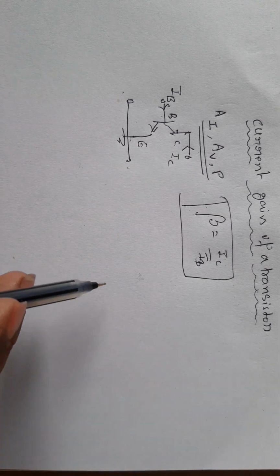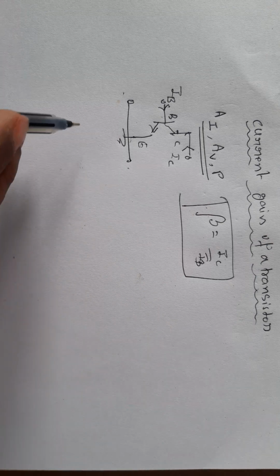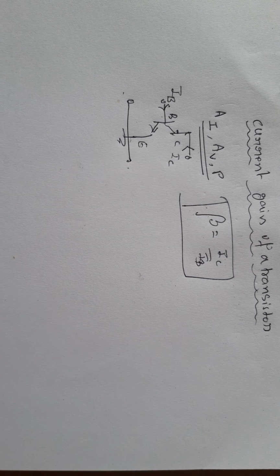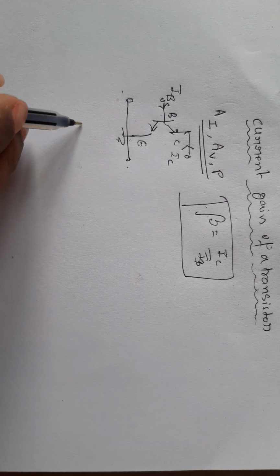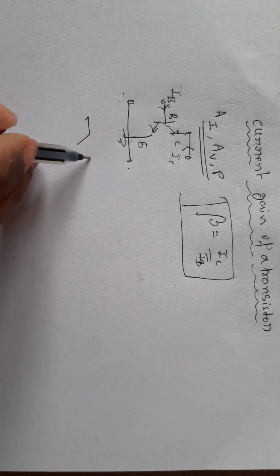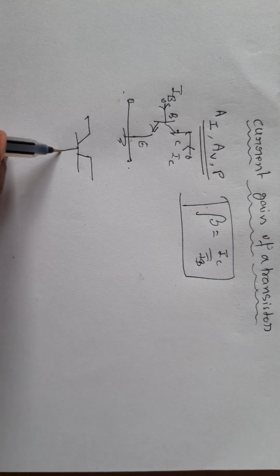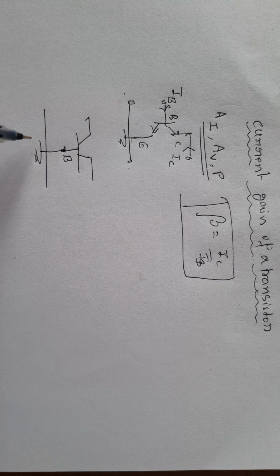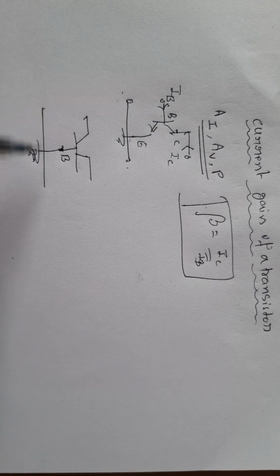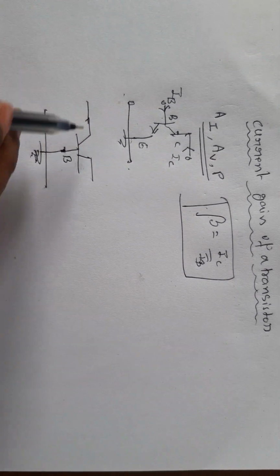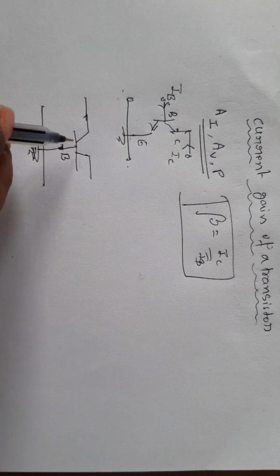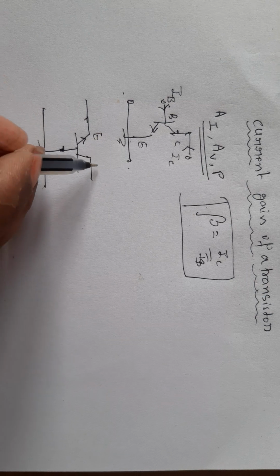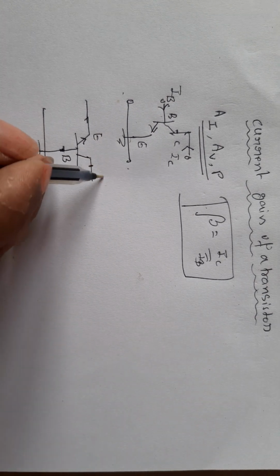Similarly, if you consider a transistor in CB configuration, I will draw the CB configuration. Here, the base is made common for both input and output. The arrow mark shows that this is the emitter, this is the base and this is the collector.